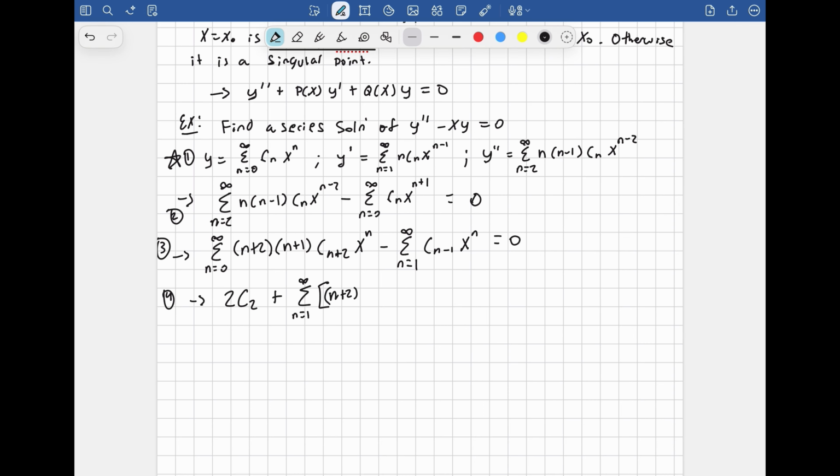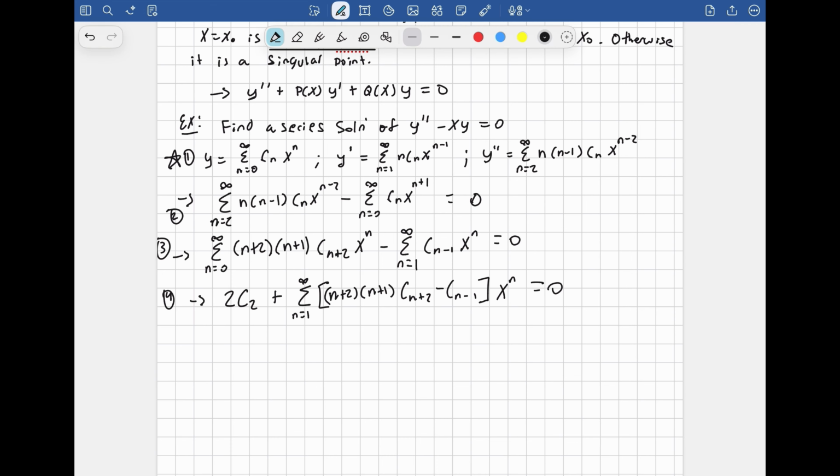So it'll be the sum of n plus 2, n plus 1, c n plus 2, minus c n minus 1, close brackets, x to the n equals 0. If you look closely, I'll take my time here and explain that this is from the first summation, minus, and that's from the second summation. Both these are multiplied by x to the n, so I pulled the x to the n out and rewrote the equal to 0.